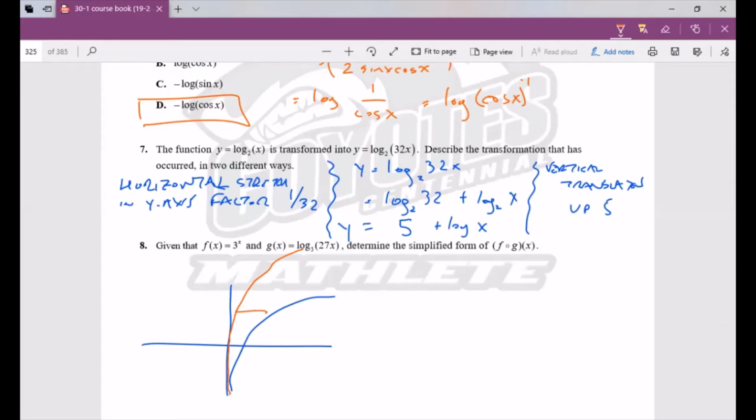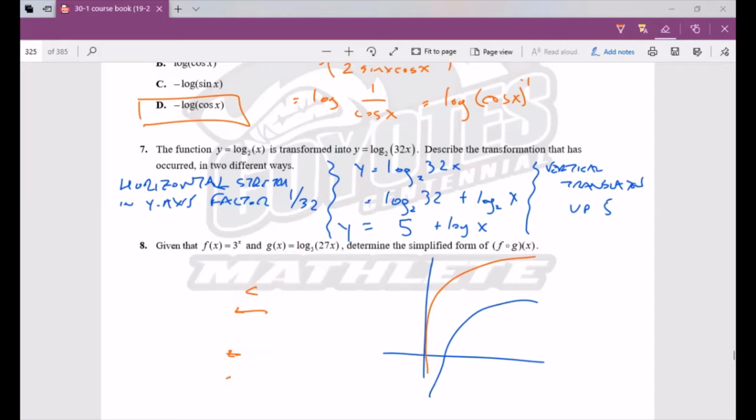Everything has been stretched or compressed to 1/32 its amount, and it's going to kind of look like that. And so what we're saying is, if we took that same curve and shifted it up by 5, it's going to be the same curve shifted up by 5. Those would be the same, which is actually kind of interesting to think about.